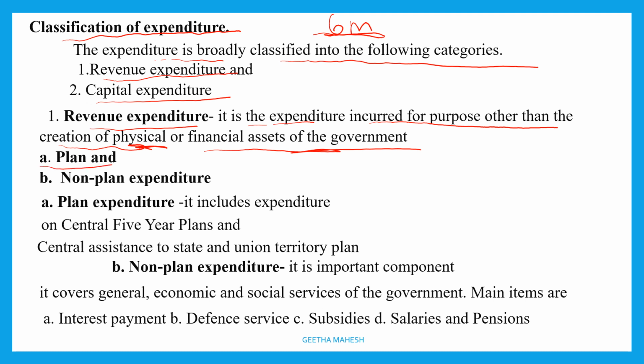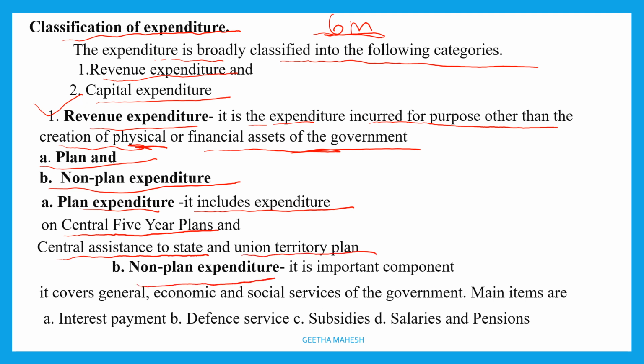It has two types. One is planned revenue expenditure, another one is non-planned revenue expenditure. Planned expenditure includes the expenditure incurred on central 5-year plans and central assistance to state and union territory plans.